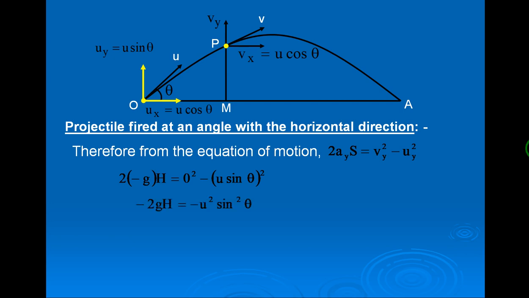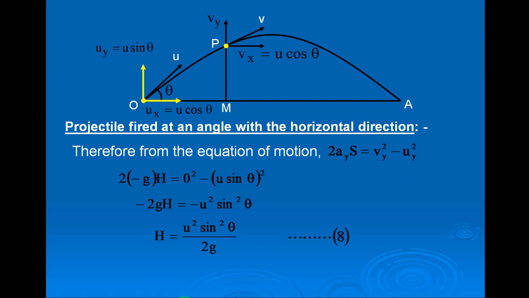Or we get minus 2g into capital H is equal to minus u square sin square theta. Minus minus cancel each other. We get H is equal to u square sin square theta upon 2g. This is the formula to find the maximum height attained.